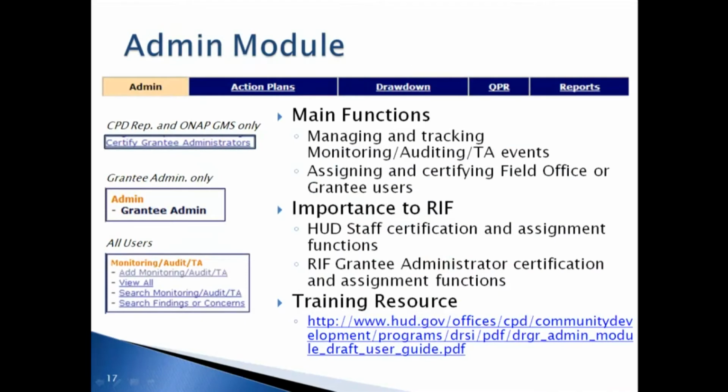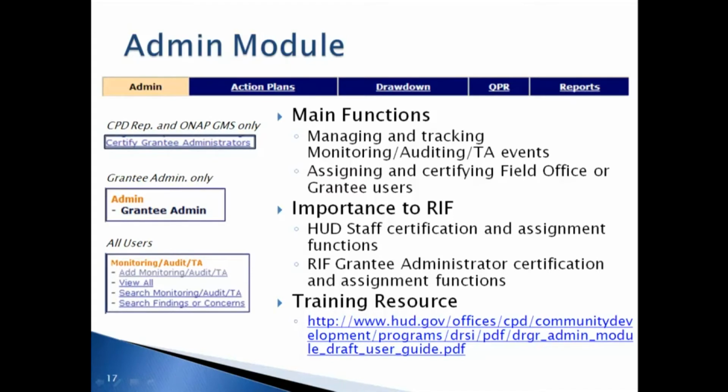The main functions of the admin module include managing and tracking monitoring, auditing, and TA events, as well as assigning and certifying field office and grantee users. CPD reps and ONAP GMSs can certify grantee administrators. Grantee administrators can certify other grantee users, and every user will be able to view any audit or monitoring finding loaded into the system.